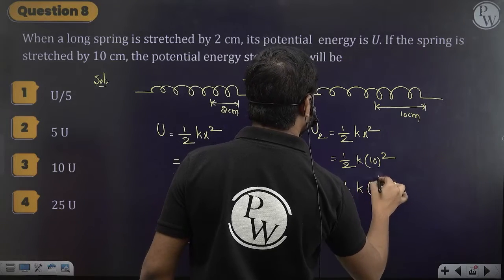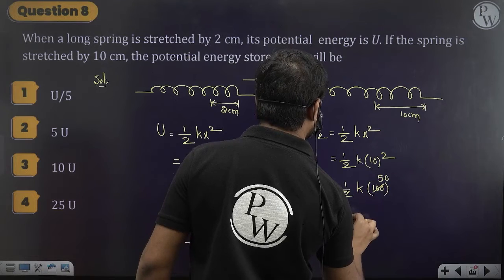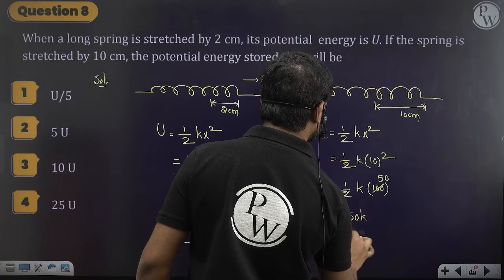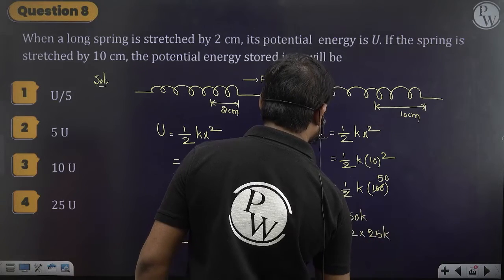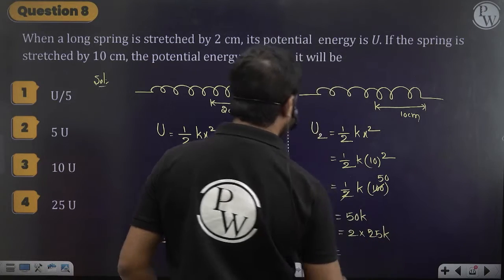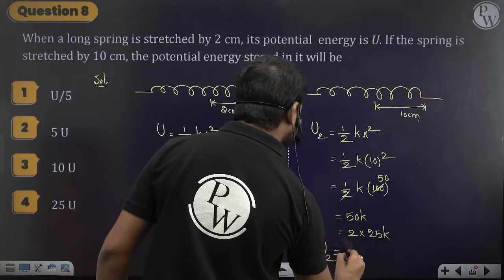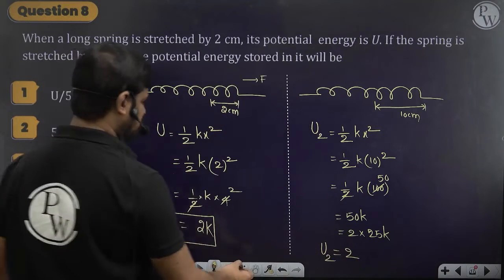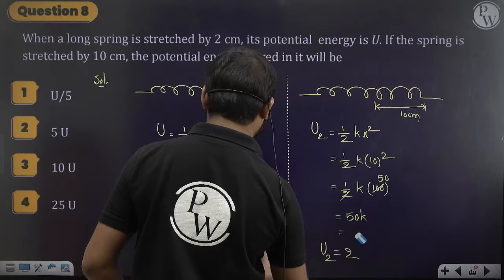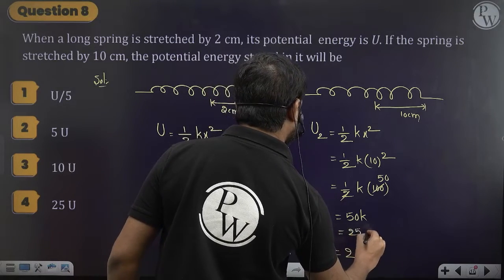So half k into 100 is 50k, which I am writing as 25 into 2k.